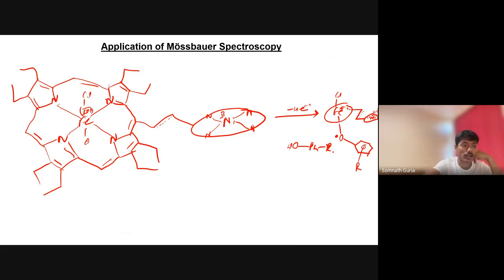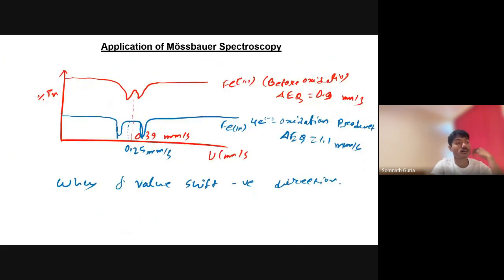So we'll have a similar valence contribution to the EFG, and the lattice contribution will be a little bit more in the case of the oxidized species.